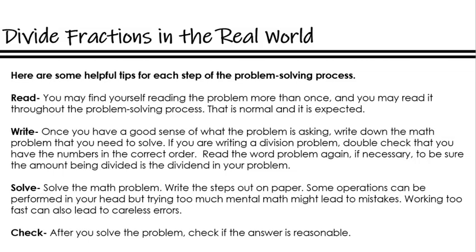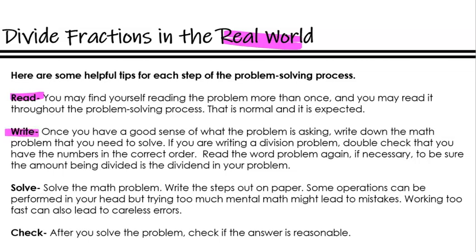Here are some helpful tips. This would be a good time to pause and jot some notes down. There's a little process that you can follow when you're doing any real world problem. You want to read the problem first, so read carefully. Next thing is to write.